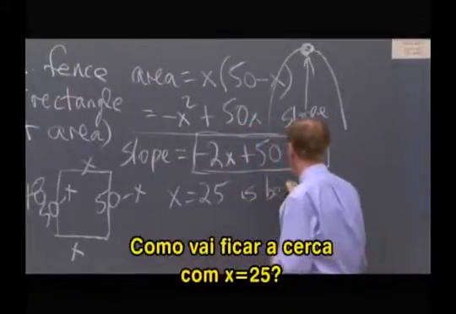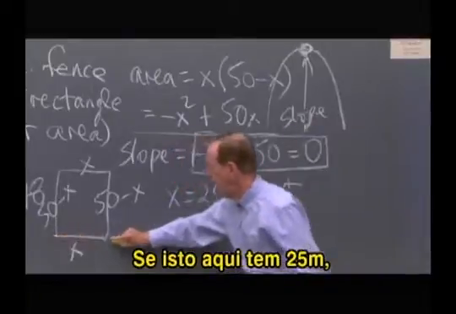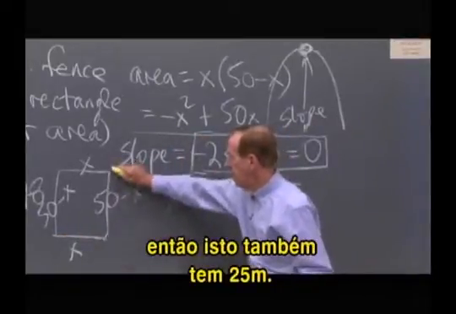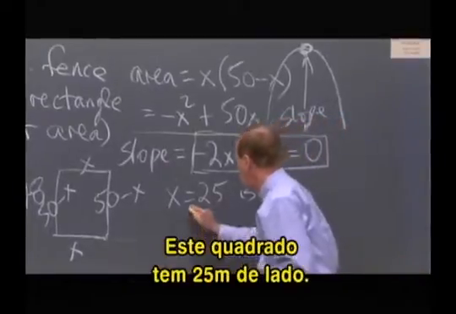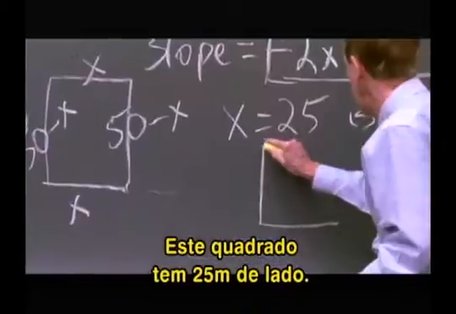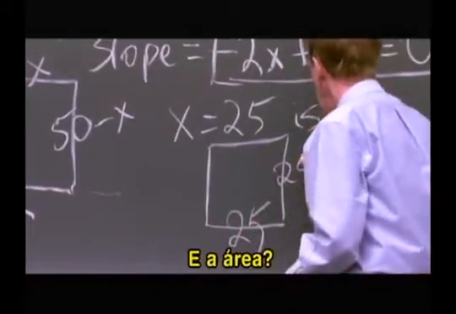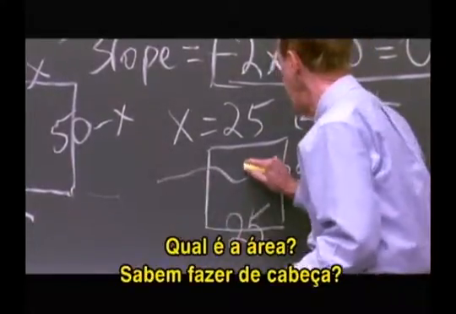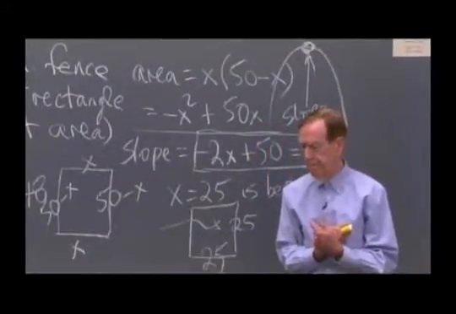And what do we see? What's the picture look like when x is 25? If that's 25, then 50 minus 25, this is also 25. We're getting a square now. This square here is 25 each way. 25, 25. And the area? Can you square 25 in your head?